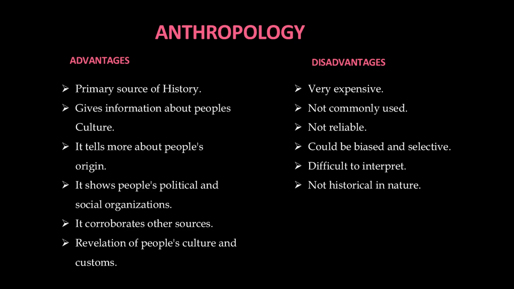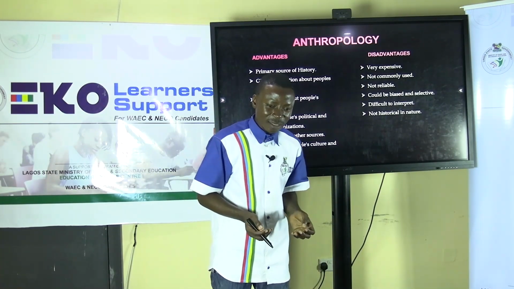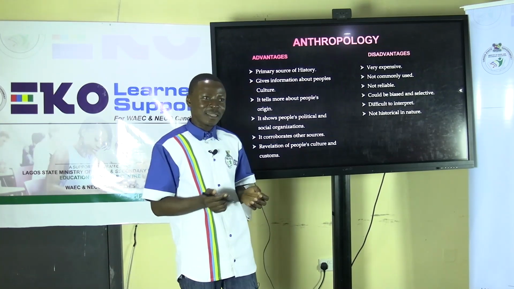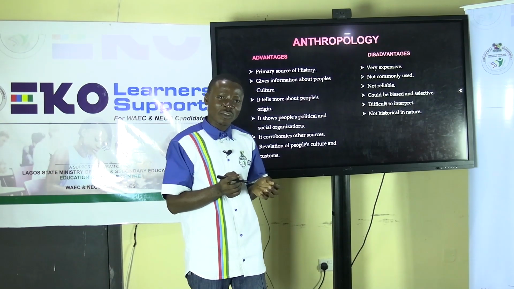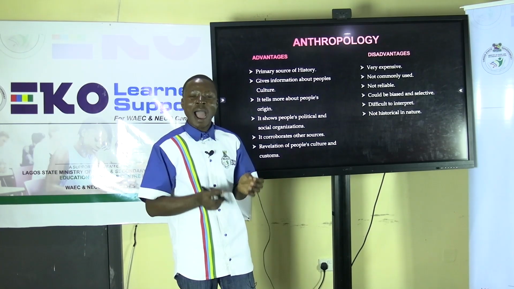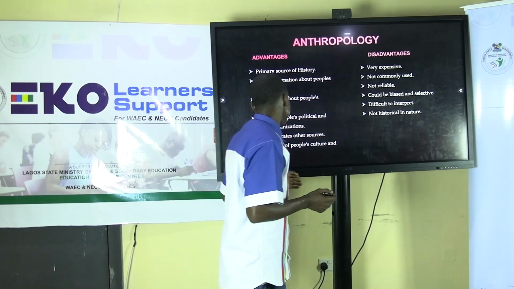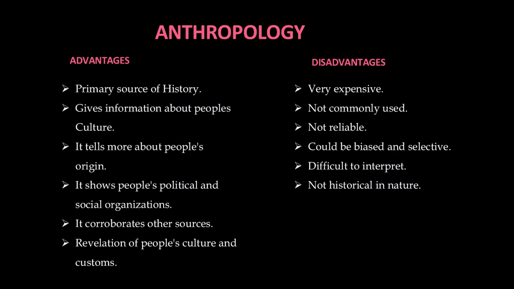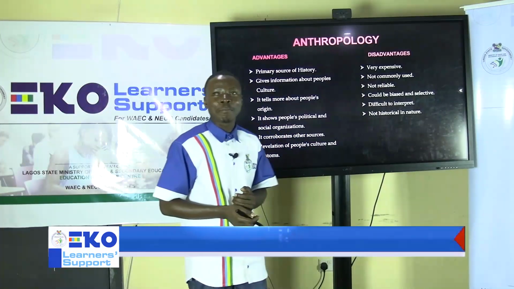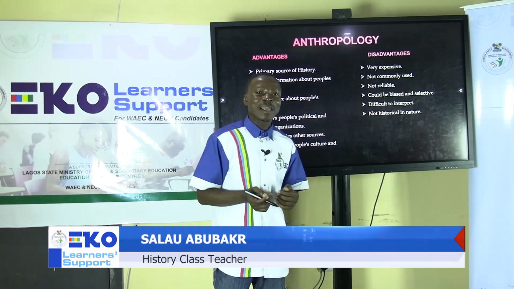It also helps us in understanding the social dimension of the existence of people and how their socio-cultural and political hierarchy is structured. It also corroborates other sources of history and reveals people's culture and custom, because it helps in promoting the culture and their social orientation.